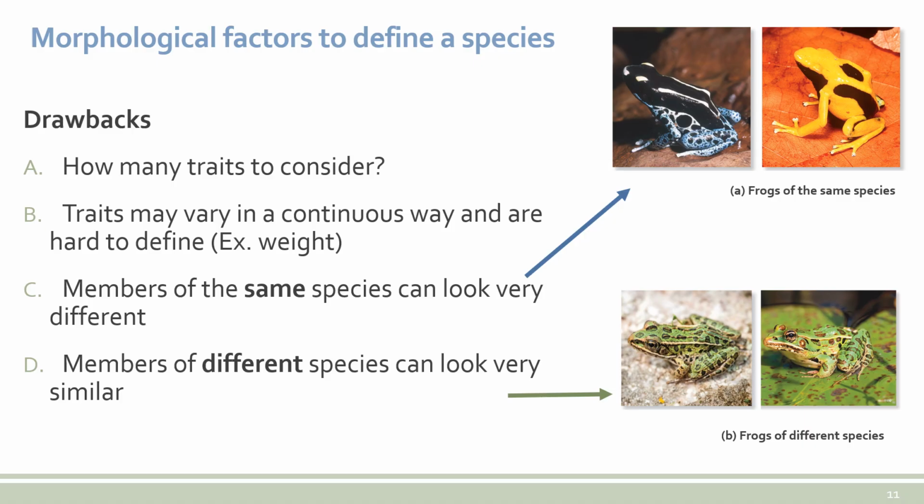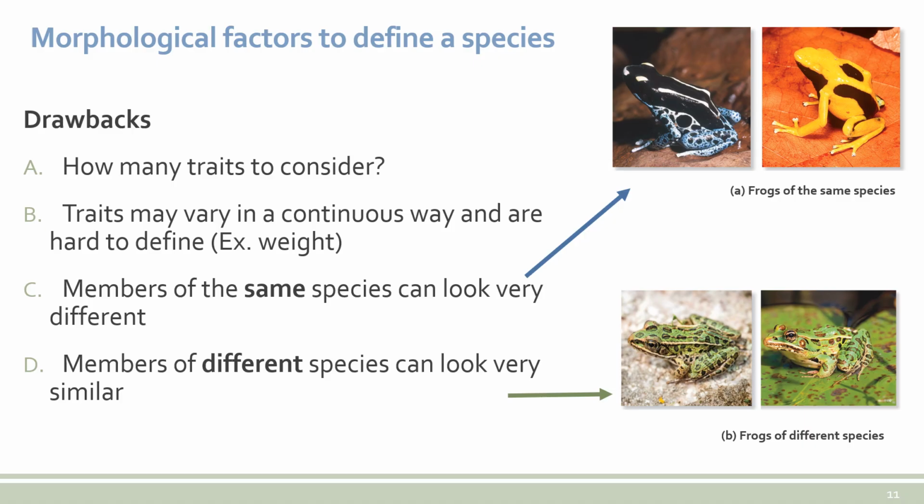We might put a category limit, so we might say one species weighs 5 to 50 kilograms and another species weighs 50 to 100 kilograms and the third is 100 to 150. Those categories are arbitrary, so they can be subjective and they can be hard to define.